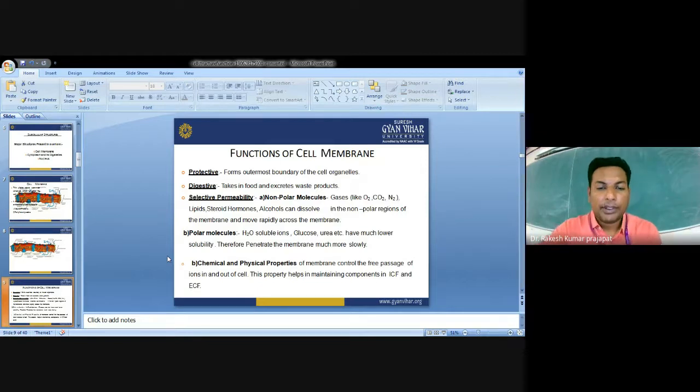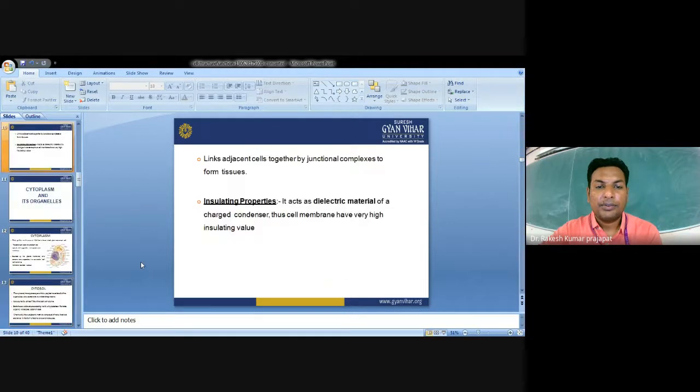Chemical and physical properties: ions move in and out of the cell. This property helps in maintaining the components of ICF and ECF, the intracellular and extracellular fluids. It links adjacent cells together by junctional complexes to form tissue.